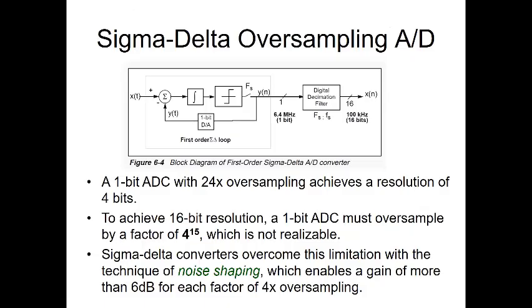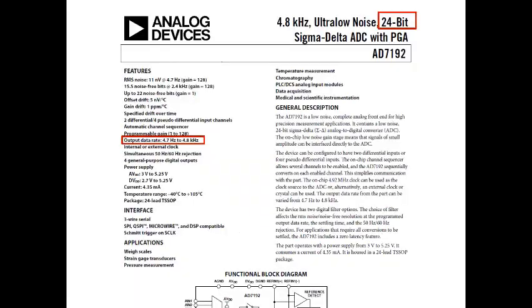Another popular one for lower speed conversion is delta sigma A to D converters, often used in audio. These can be very inexpensive A to D converters with very high precision. They just can't go very fast. So as an example, here's a delta sigma with 24-bit resolution, which is incredible, but its top speed is 4.8 kilohertz for a sampling rate.